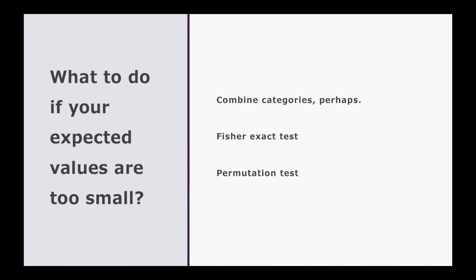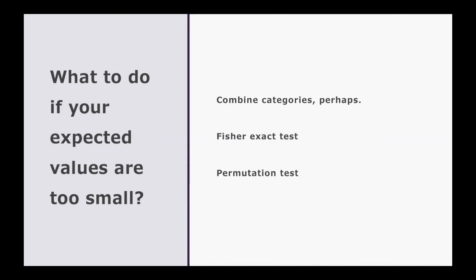So when we have expected values that are too small, what can we do? Well, one option is to perhaps combine categories, but it's important to note that in some circumstances, this won't make any sense. In other circumstances, it might be reasonable, and this might be a reasonable way to proceed.